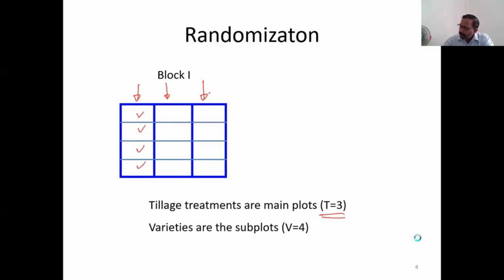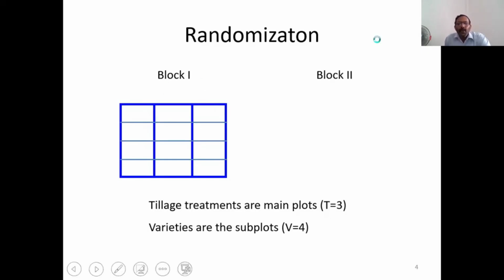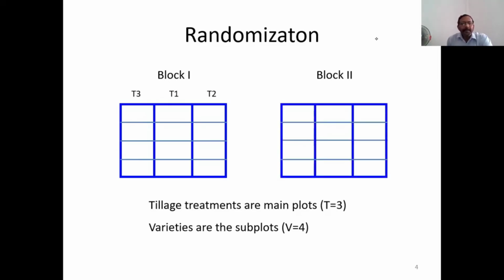Look at block 2. I was talking about block 1 only. Block 2 is for replication. You need a replication of the combinations. I have randomized the treatment first, that means the factor A first, T1, T2, T3 in the main plots.